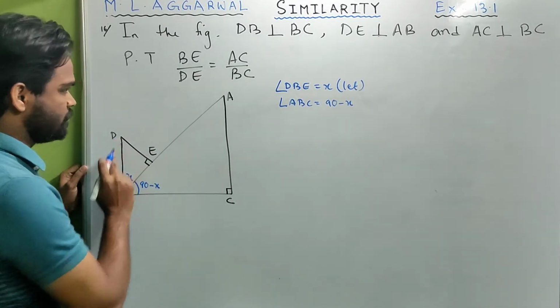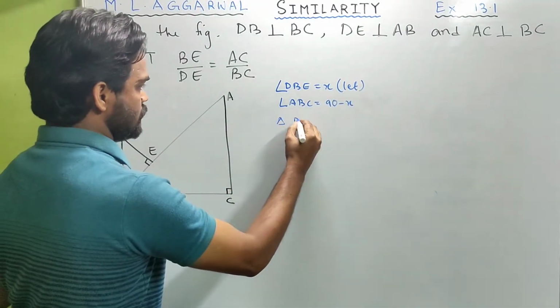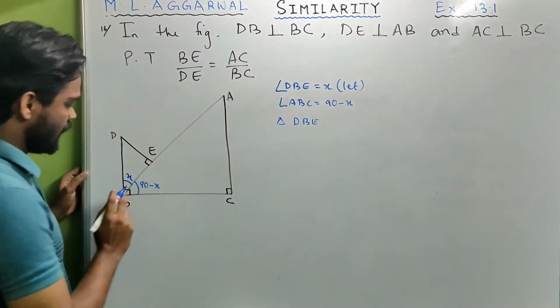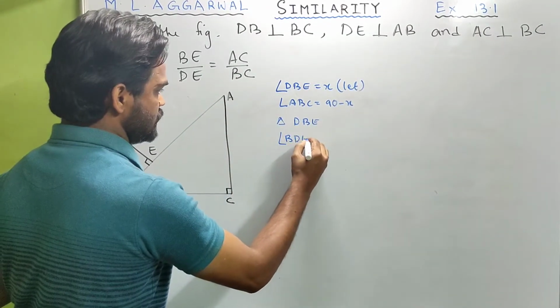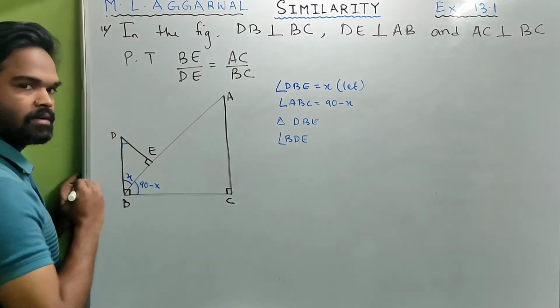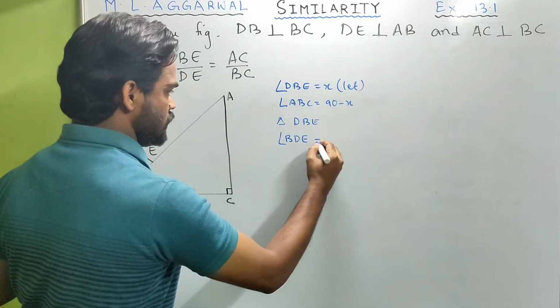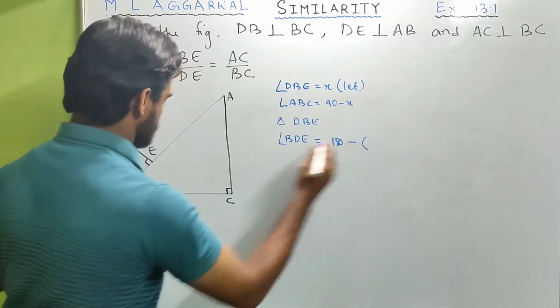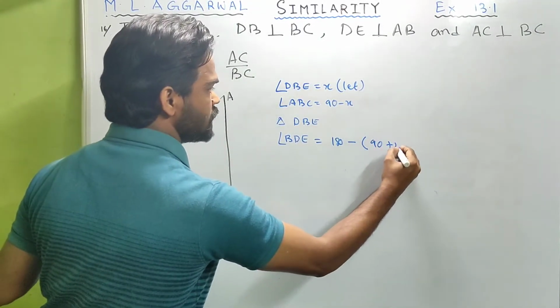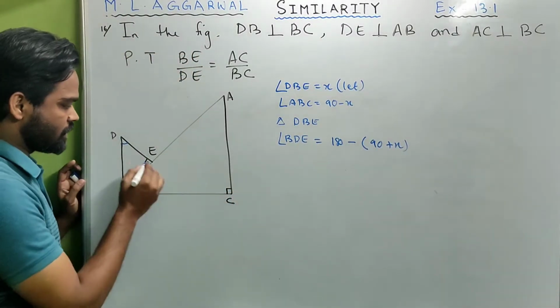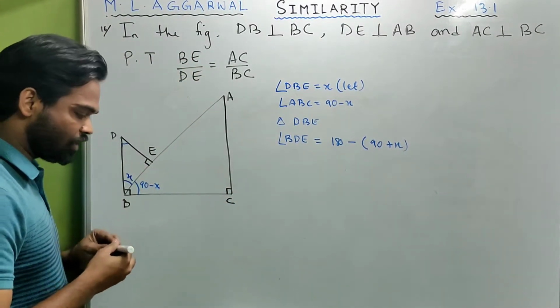Now look at triangle DBE. In triangle DBE, angle BDE, which is this angle, will be equal to 180 minus these two angles. In a triangle the three angles add up to 180.